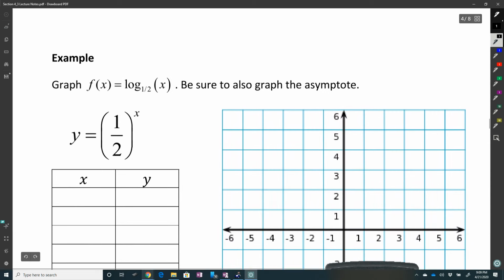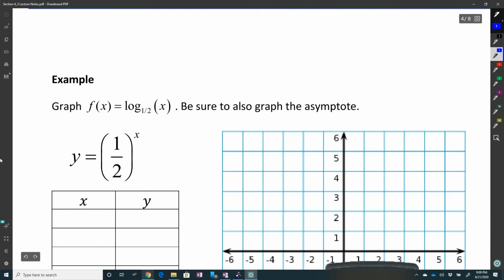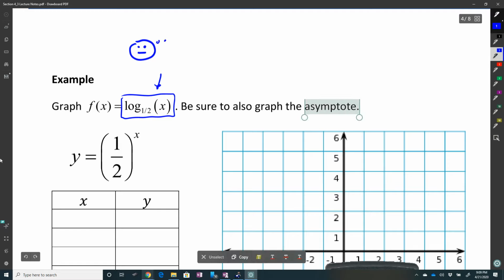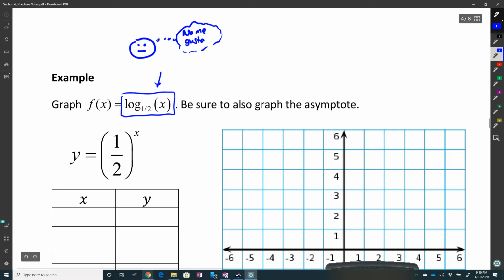So again, whenever we see logs, our brains do not by any means like this. So here's my brain thinking. Here's the little thinking cloud. No me gusta. Right? So our brain doesn't like logs. So what we do instead is we find the exponential first.